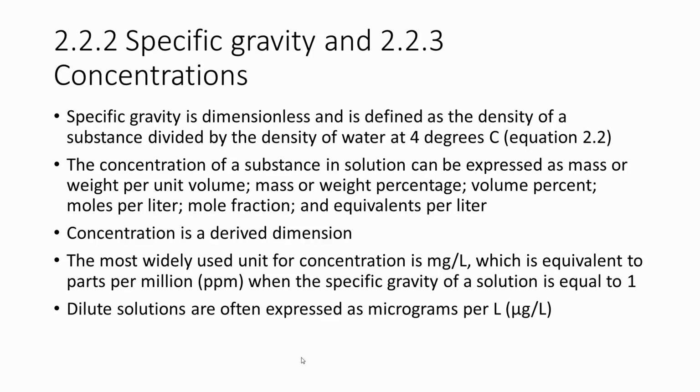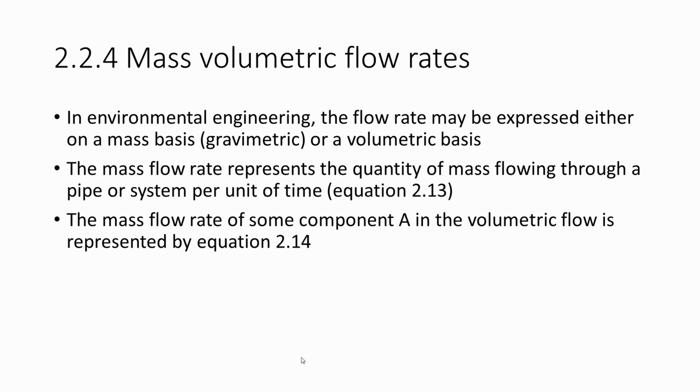And concentration is clearly a derived dimension. The most widely used unit for concentration is milligrams per liter, which is equivalent to parts per million, or ppm, when the specific gravity of a solution is equal to 1. Dilute solutions are often expressed as micrograms per liter.